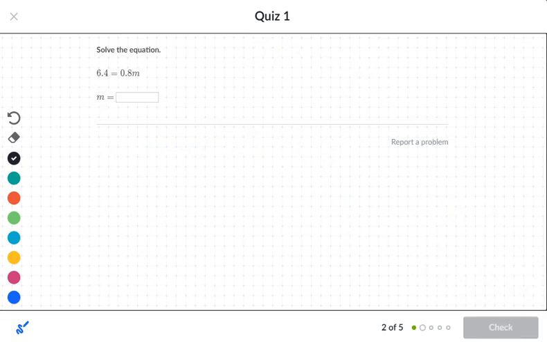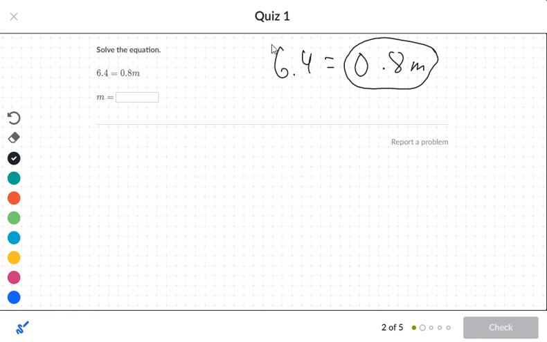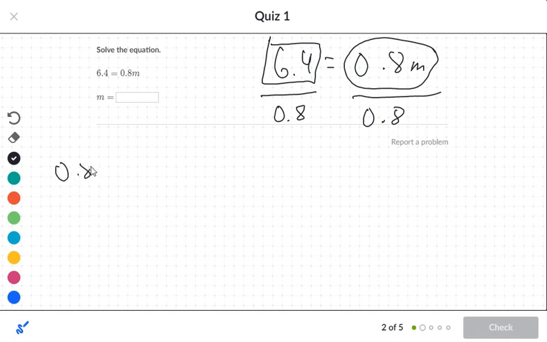Okay, next one I've got 0.64 or 6.4 is equal to 0.8 m. Circle and box. So what I can do is, this number is not by itself, so I can divide by 0.8 and 0.8. So what I have now is 0.8.